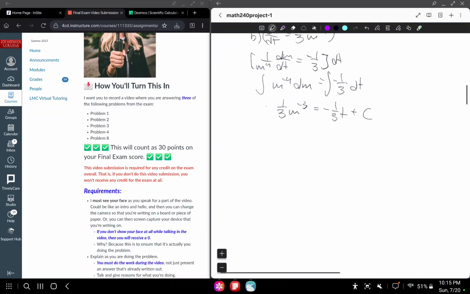Okay, so times this by 3. So this would be 1 over m cubed equals -t plus c.